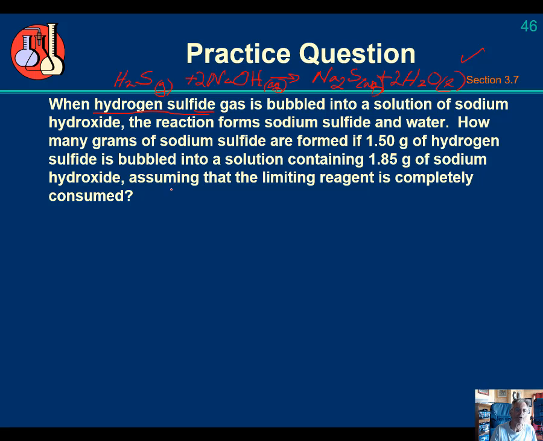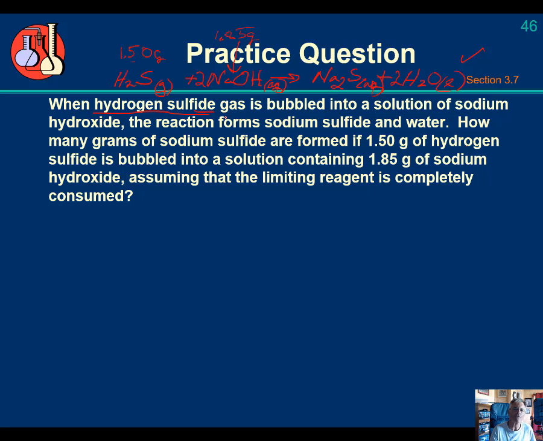All right, so here we go. What they've given me is they've said I have 1.50 grams of hydrogen sulfide, so I've got 1.50 grams of this stuff, and I've got 1.85 grams of the sodium hydroxide.